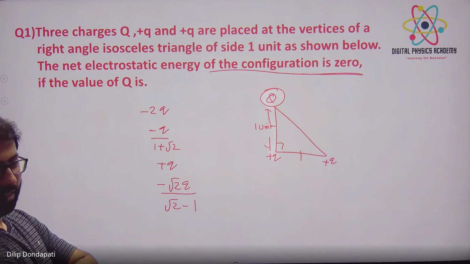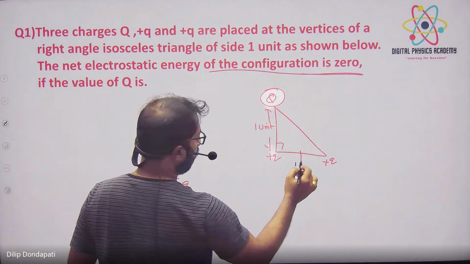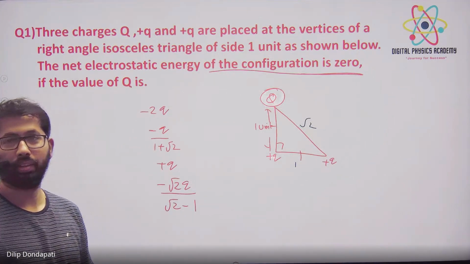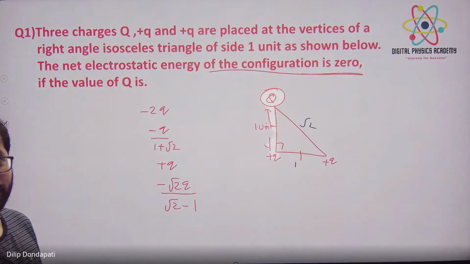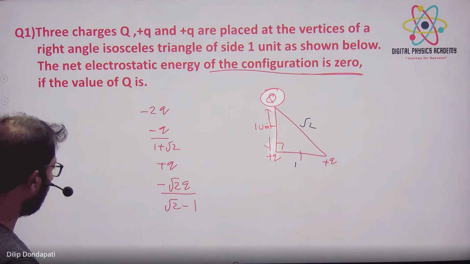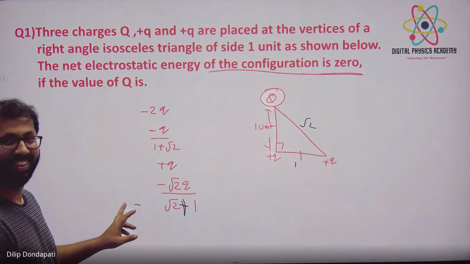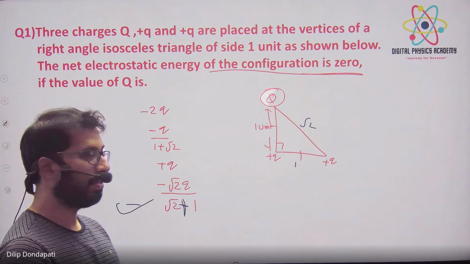Yes. How much did you get? Total potential energy is equal to 0. What will the distance be? This is 1 unit, 1 unit. This is root 2. How much do you get? Sir, I'm getting minus root 2 q by root 2 plus 1. I want to check whether it is really correct. Root 2 plus 1 is the answer. Okay, something is a mistake here.